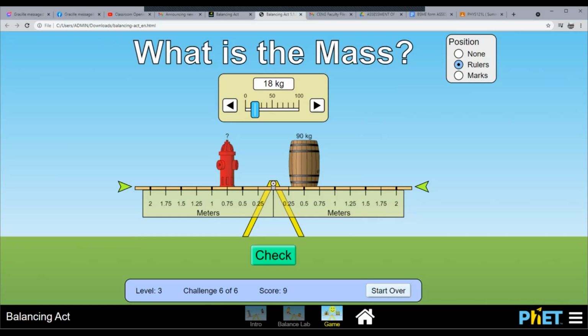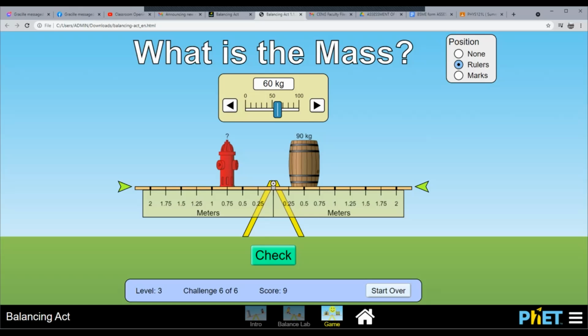Any other answer? Someone mentioned 60 kilogram. Any other answer? Yes, other answer. 70, ma'am. 70.